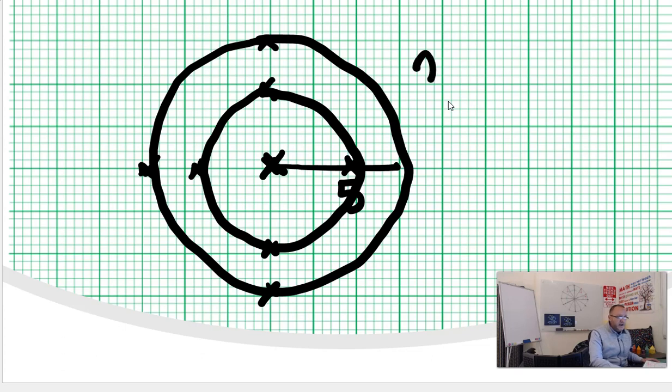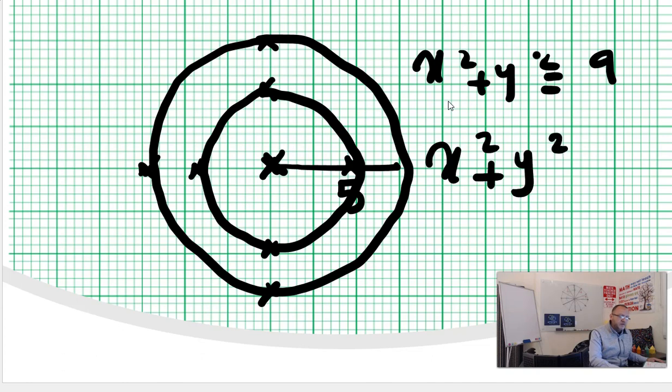The inner one has x squared plus y squared equal 3 squared equals 9, right? What is the director circle of a circle? Remember, you do 2r squared. We just did it in the previous lesson yesterday. x squared plus y squared equals 2 times r squared. 2 times 9 equals 18, right?